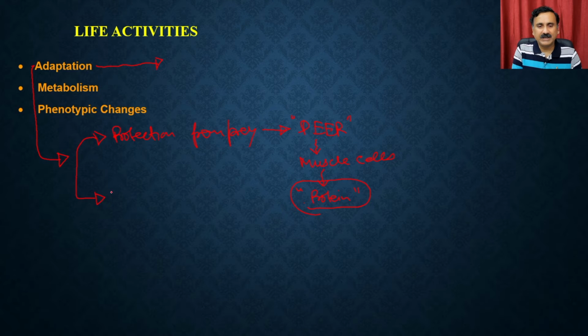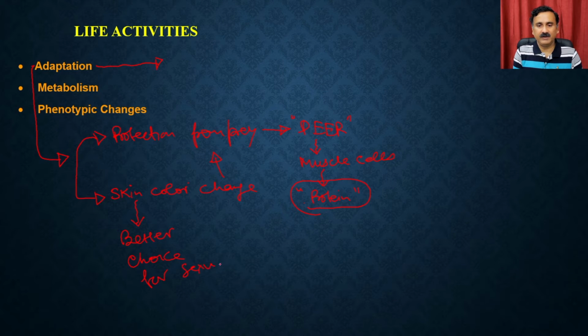some kind of phenotypic changes, for example, if the color of the skin changes, right? If there is a skin color change, that may also do a similar kind of function, that can also protect the organism from the prey, right? Then it also can allow the organisms to make a better choice of sexual partner, right?